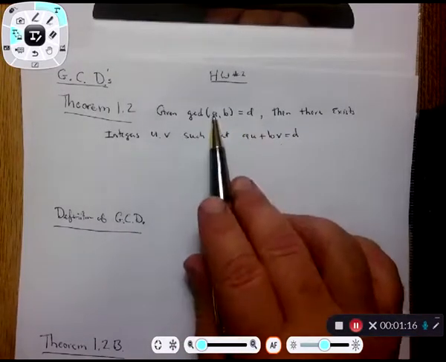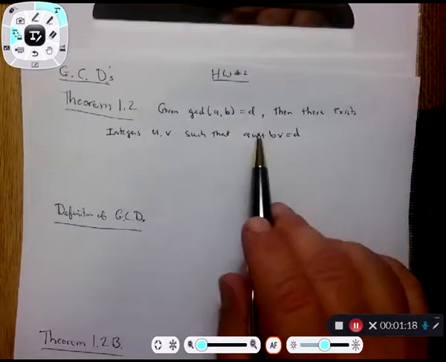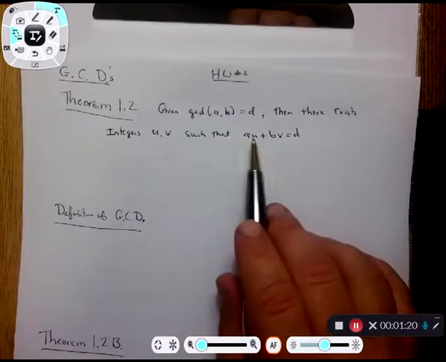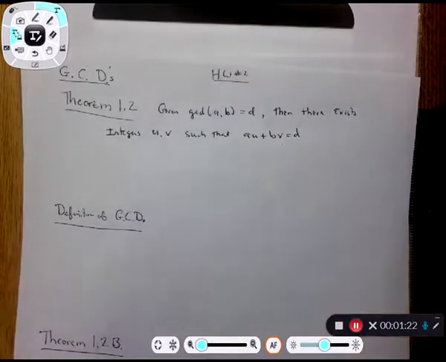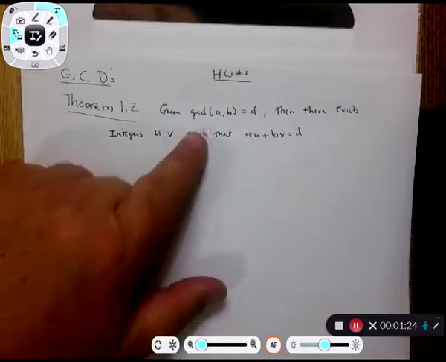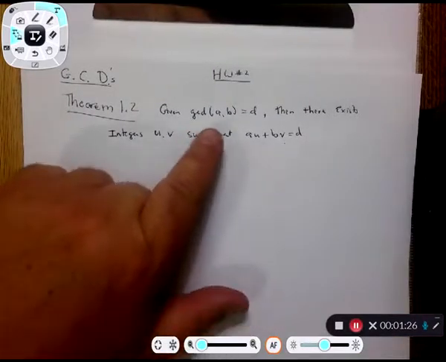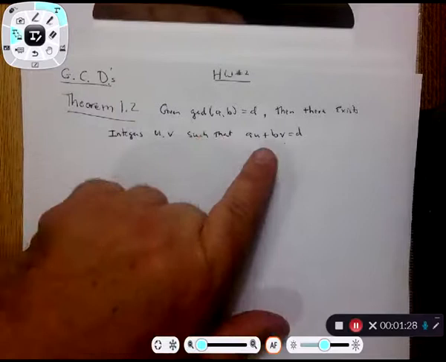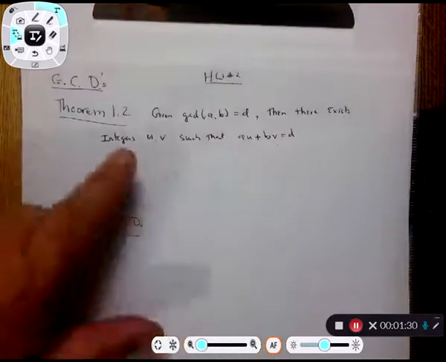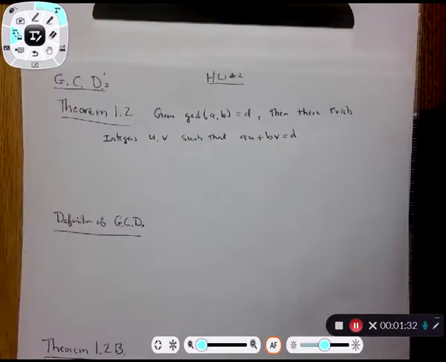The GCD of A, B equals D implies that there exist integers U and V such that AU plus BV equals D. So you can go from a GCD to big equations, because you're guaranteed there exist these integers U and V, not necessarily unique.